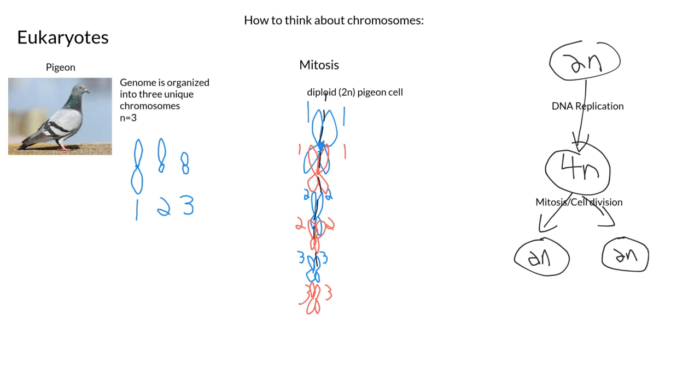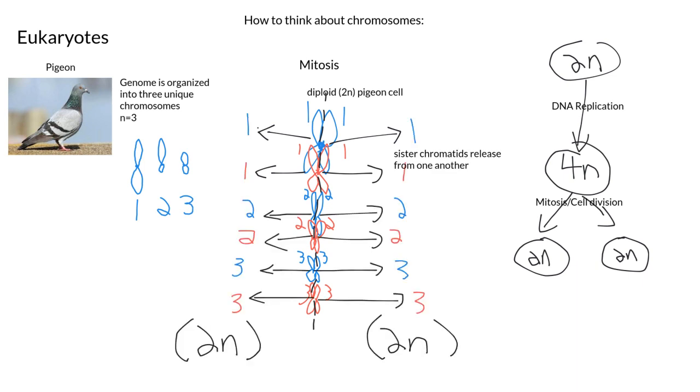Okay, so the metaphase plate goes right down in the middle here, and you can see that for all 4 complete sets of the pigeon genome in this cell that is actively undergoing mitosis, this type of alignment will result in equal segregation of all genetic material, such that both sides of this divide will end up with the full complement of genetic material of the parent cell with no loss of information. We now end up with 2 diploid cells.